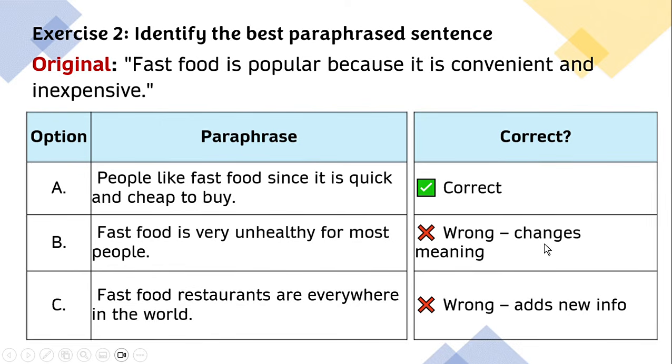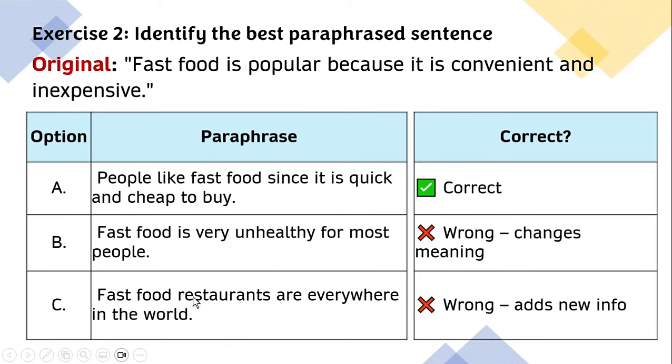The second one is not correct because we changed the meaning. It doesn't say here it's unhealthy. It says it is convenient and inexpensive. Whether it is unhealthy or healthy, this means we made a change to the meaning, which is incorrect.